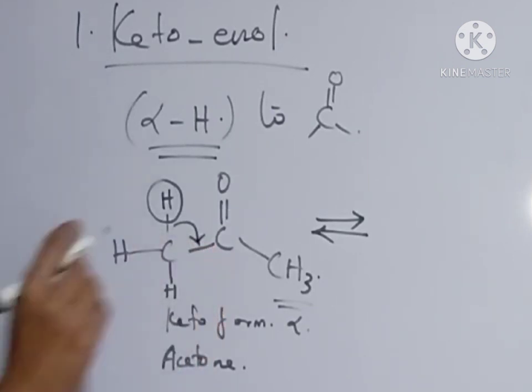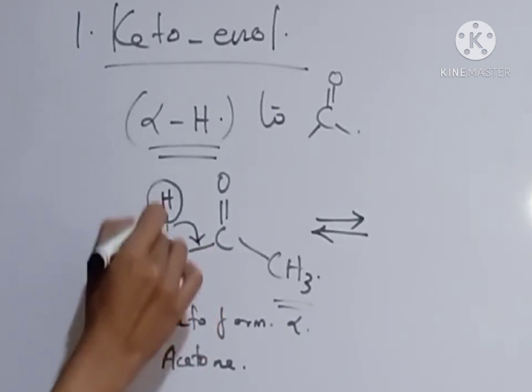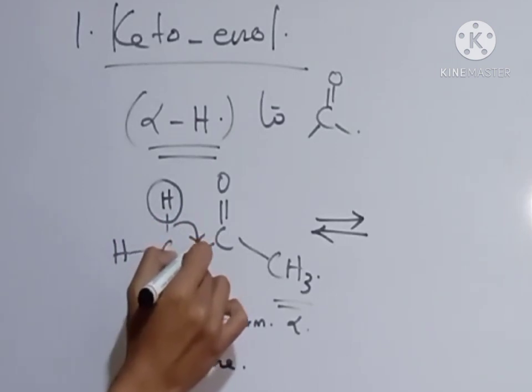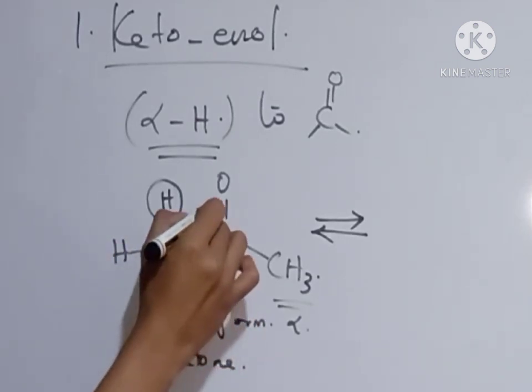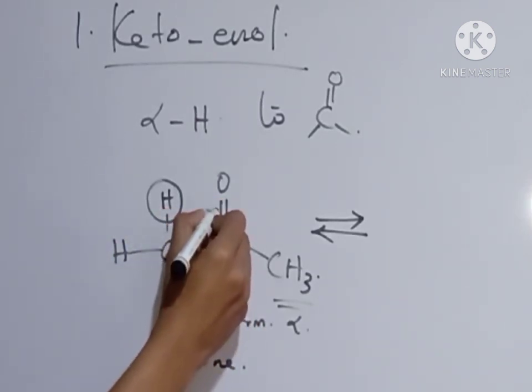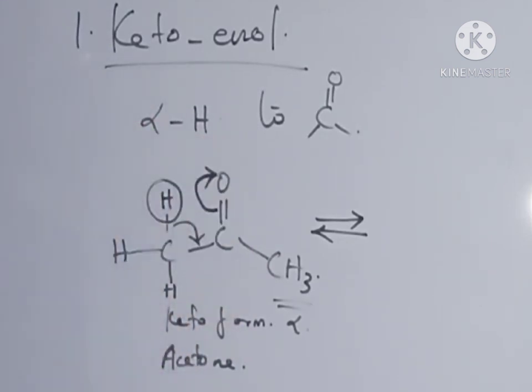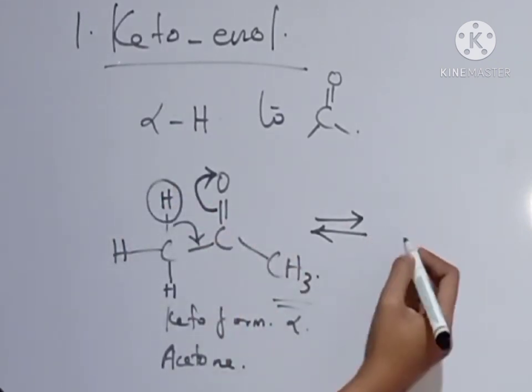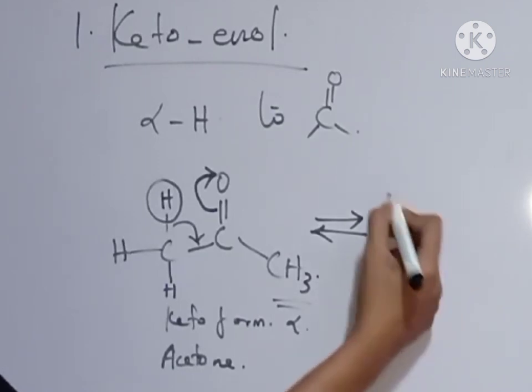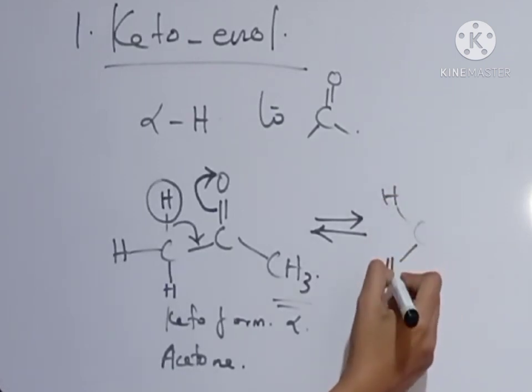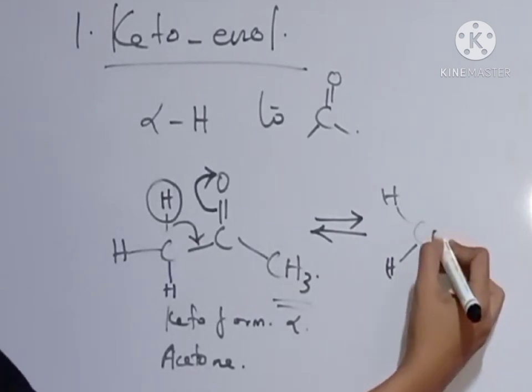During keto-enol tautomerism, one of the hydrogens will be relocated from the alpha position, and we can represent the bond shift like this. This carbon-hydrogen bond will be shifted towards this carbon-carbon single bond. At the same time, the carbon-oxygen double bond will be shifted towards oxygen. So, the tautomer formed from this keto form will be like this. Carbon, two hydrogens will be there.